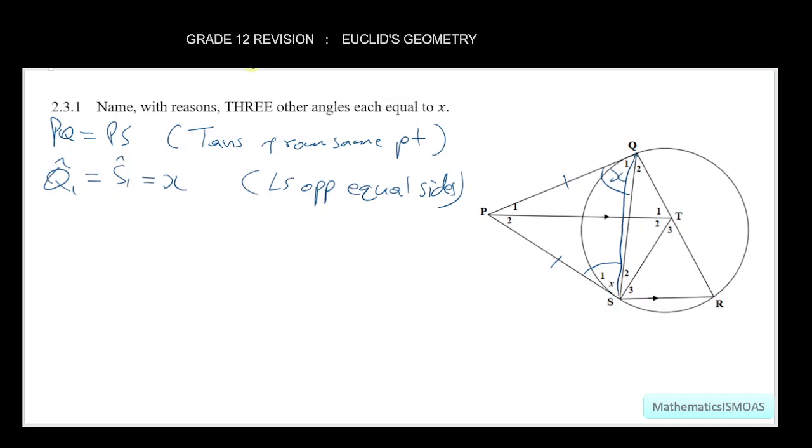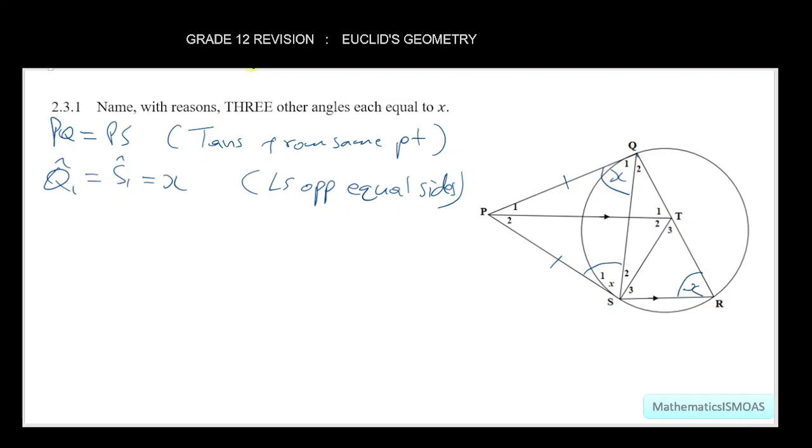Then we know from the tangent theorem that an angle between a tangent and a chord is equal to an angle in the alternate segment subtended by that chord. Therefore, angle Q1 will also be equal to angle R, which will be x.